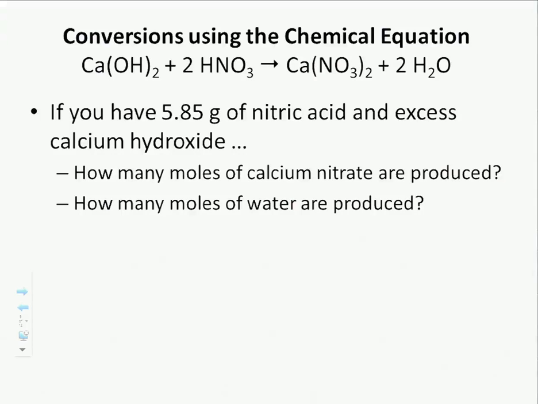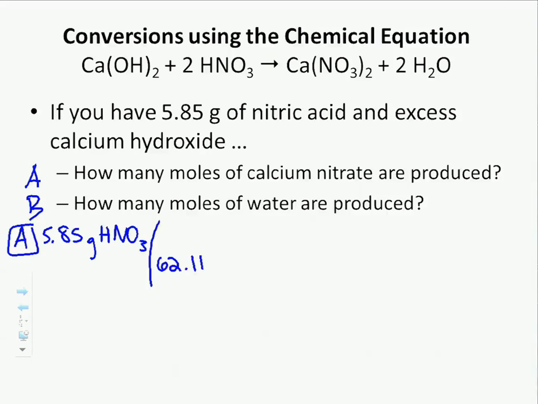Let's convert them. So A, B, A. We have 5.85 grams of HNO3 for every 62.115 grams of HNO3, you have 1 mole of HNO3.